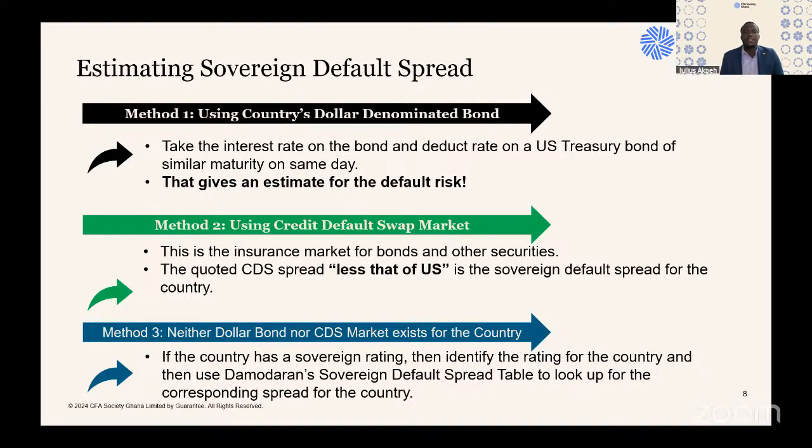Now, that's the first method. But if the country has no Eurobond, or is not actively participating in the Eurobond market, then you can refer to the credit default swap market. You can take this like an insurance market, right?